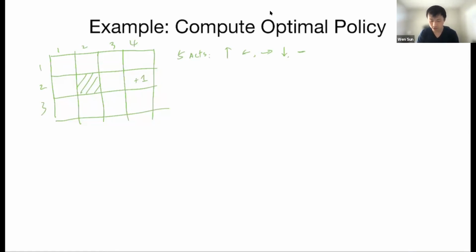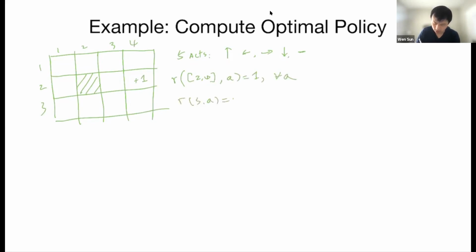So the reward function here is defined such that R of state (2, 4) means that this is the cell that corresponds to row 2 and column 4, with action A, equals 1 for all A, and R(S, A) equals 0 otherwise.